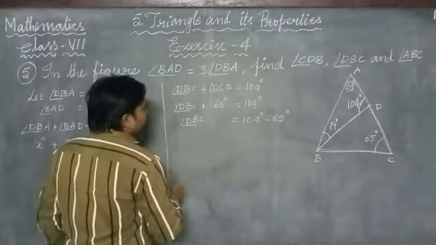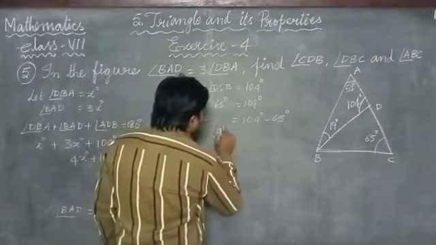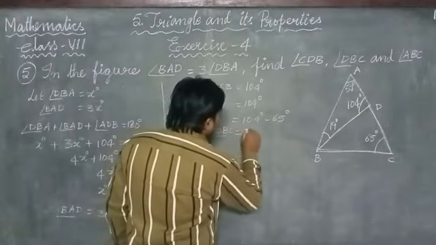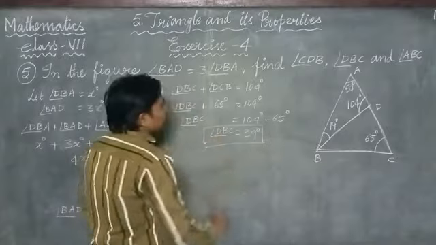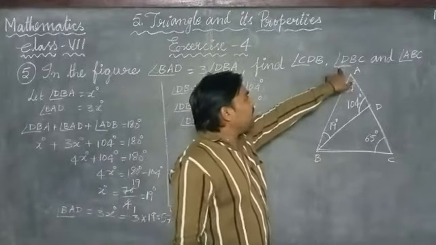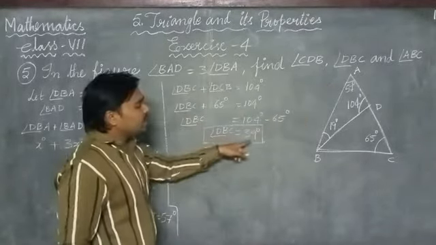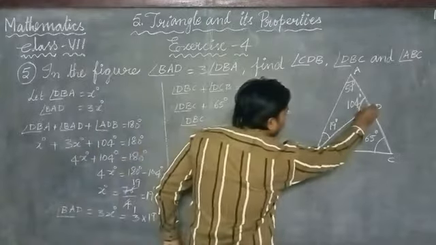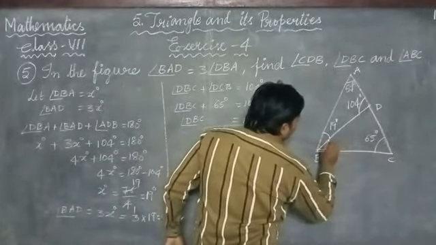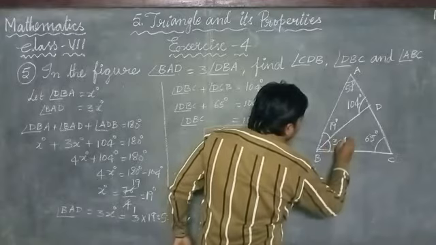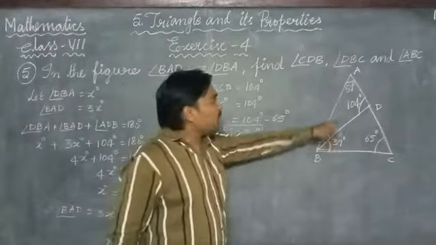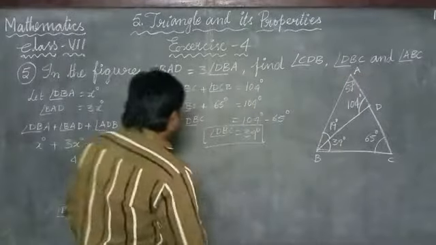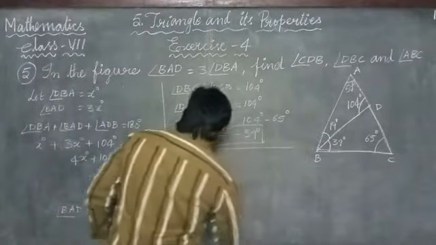From that we can write angle DBC is equal to 39 degrees. After finding DBC, we can find angle ABC.